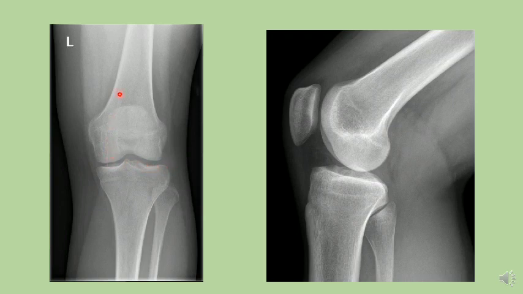This is again plain radiograph of left knee AP view showing lower end of femur and upper end of tibia and fibula with soft tissues around. This is the patellar shadow and you can see joint space. These articular surfaces are covered by cartilage, hyaline cartilage, which are radiolucent.